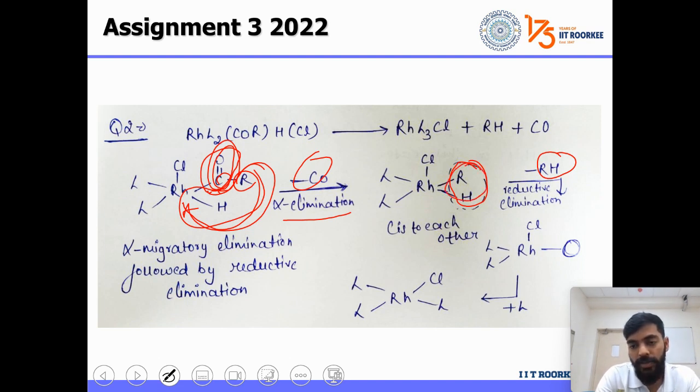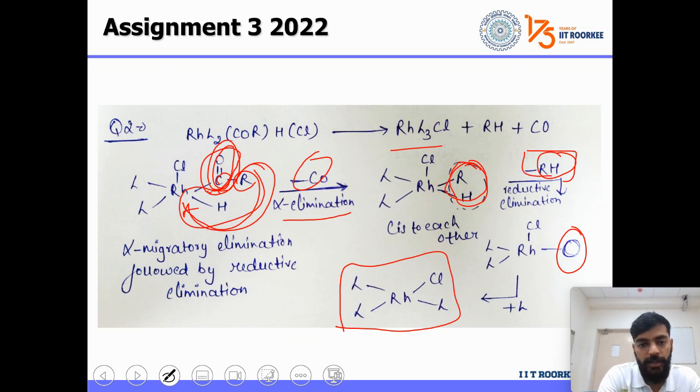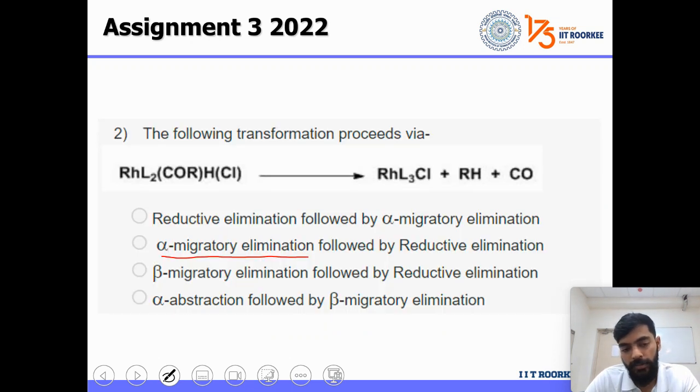Then again, RH are stable compounds, so it will leave. Reductive elimination will occur, a vacant position forms, and a ligand will come here. So this is your complex, and these are the products. Getting my point? So that is why the correct answer is this.